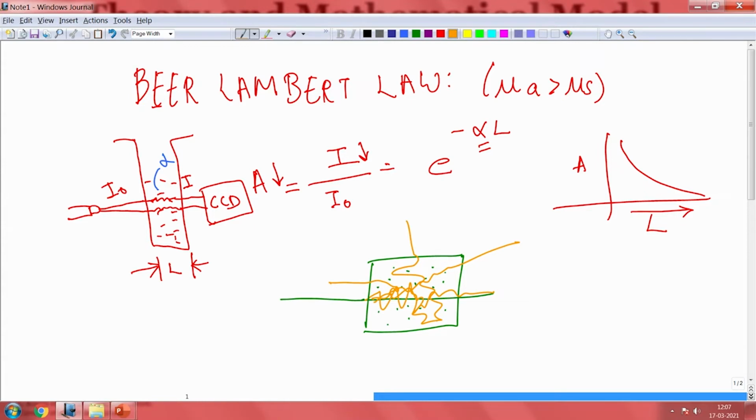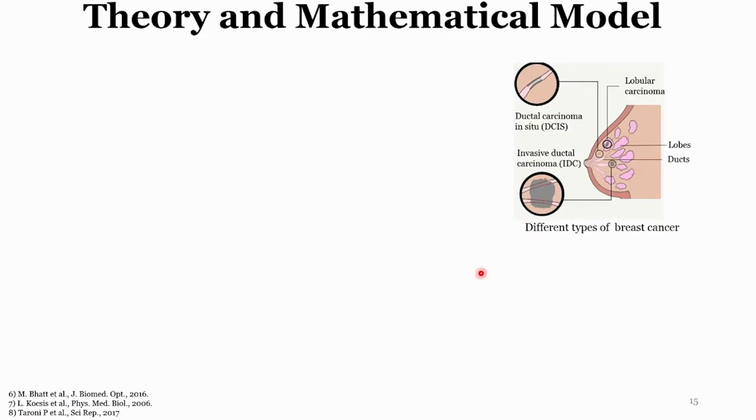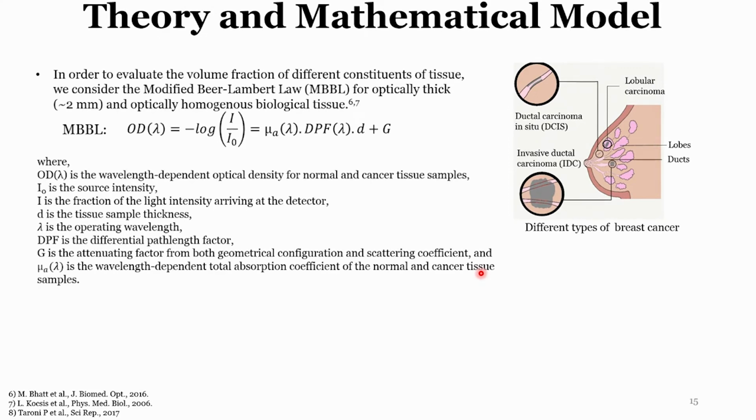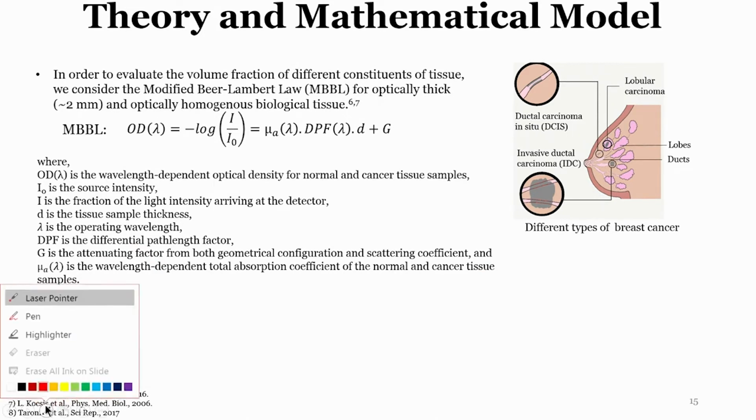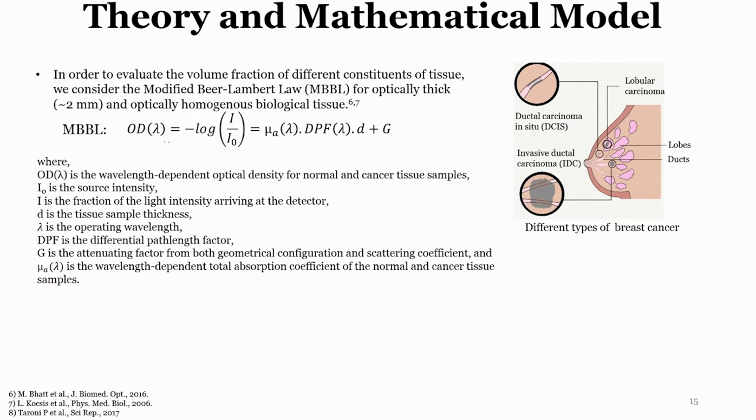So which law is going to be better? What people did is they came up with a new set of laws for the optical propagation through the tissues, and that is known as the modified Beer-Lambert law. Here you can see, we talked about I by I naught earlier, this is the attenuation.